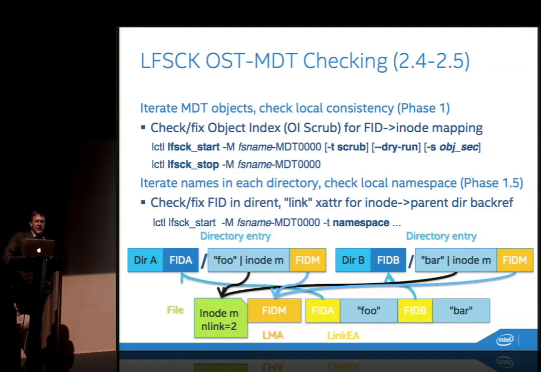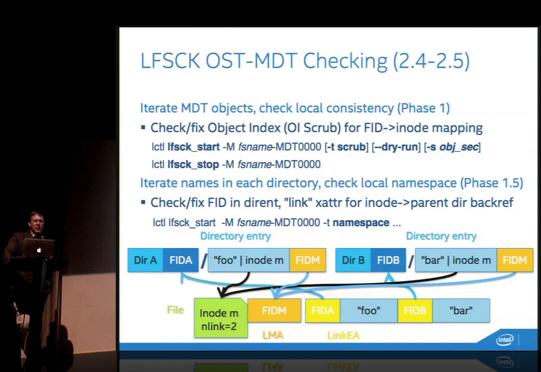If you upgraded from Lustre 1.8, the file identifiers aren't stored in the directory entries, and so you have to do extra disk lookups. So if you're doing ls -l, it actually puts quite a bit higher load on the MDS. And so if you do the namespace scanning, it checks for those directory entry FIDs.